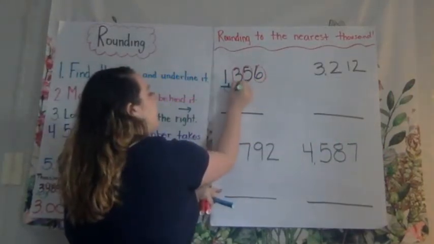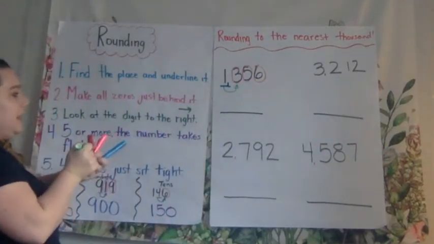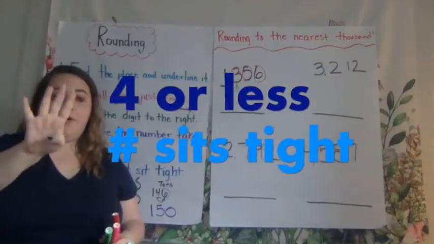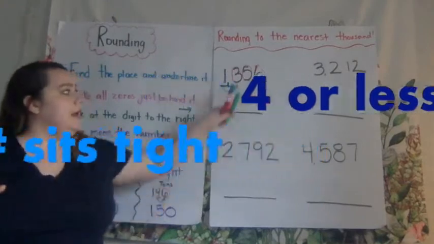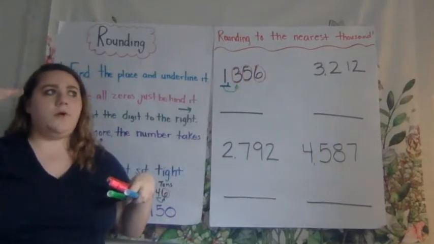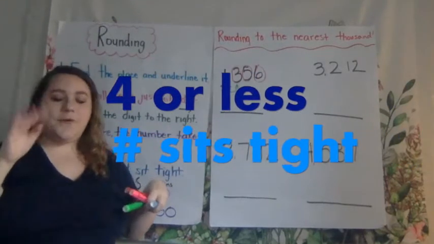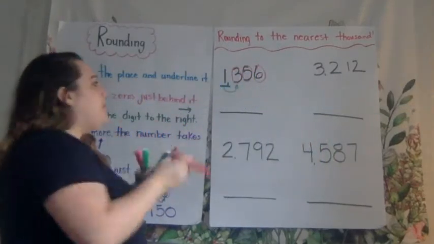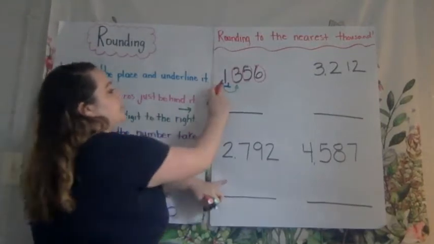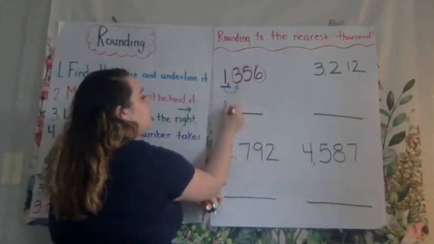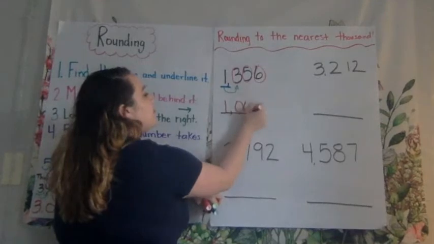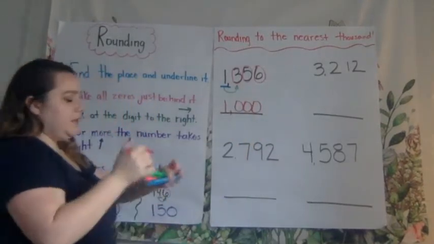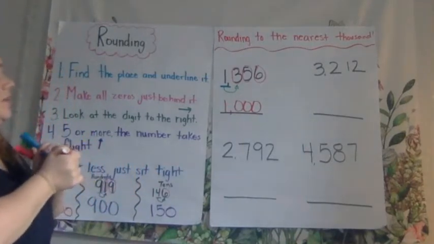It's a 3. We know 5 or more, the number takes flight. 4 or less, it sits tight. Is 3 5 or more or 4 or less? It's 4 or less. Good. So then my 1 is going to sit tight. My new number is, I just bring it down, 1,000, because I just bring down all 3 zeros. Good. Let's take a look at the next one.